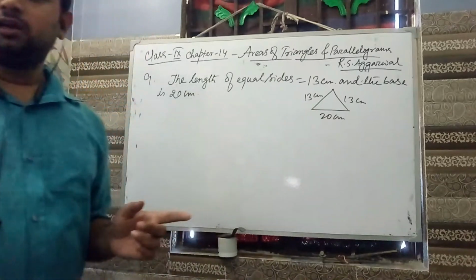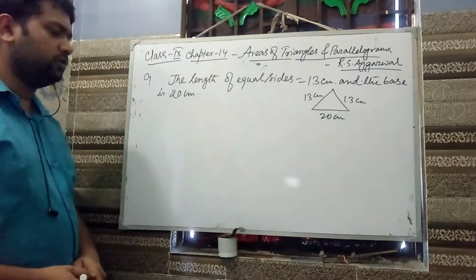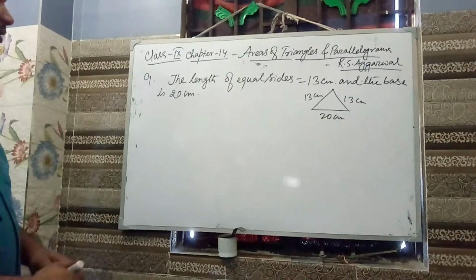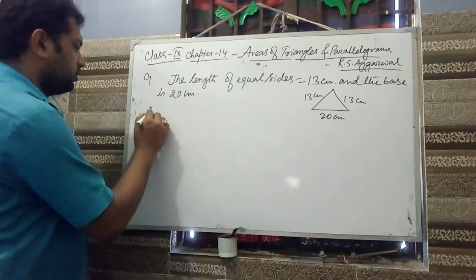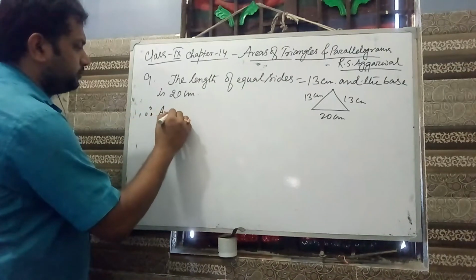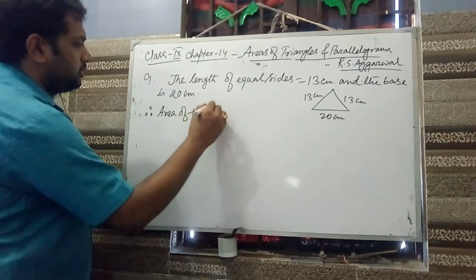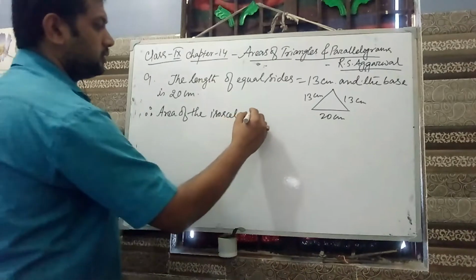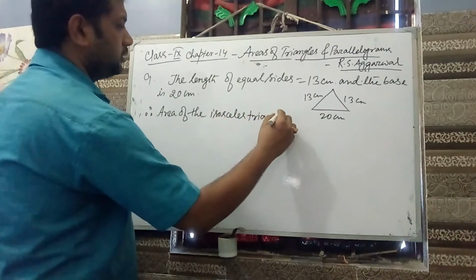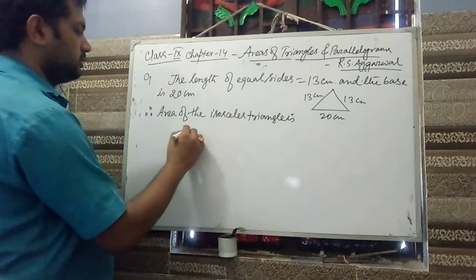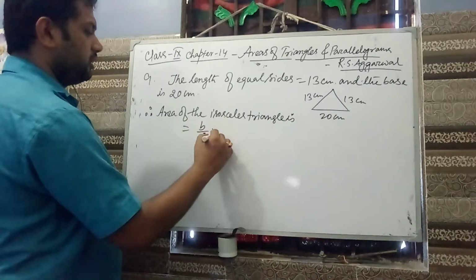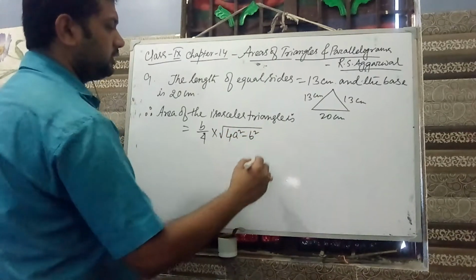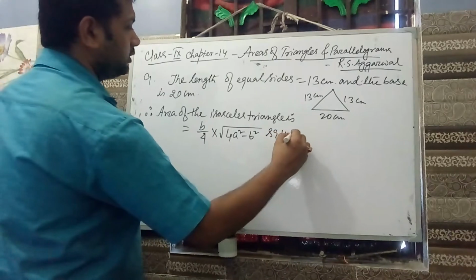So we will use the formula b by 4 into square root of 4a square minus b square. Write down, therefore, area of the isosceles triangle is b by 4 into square root of 4a square minus b square square unit.